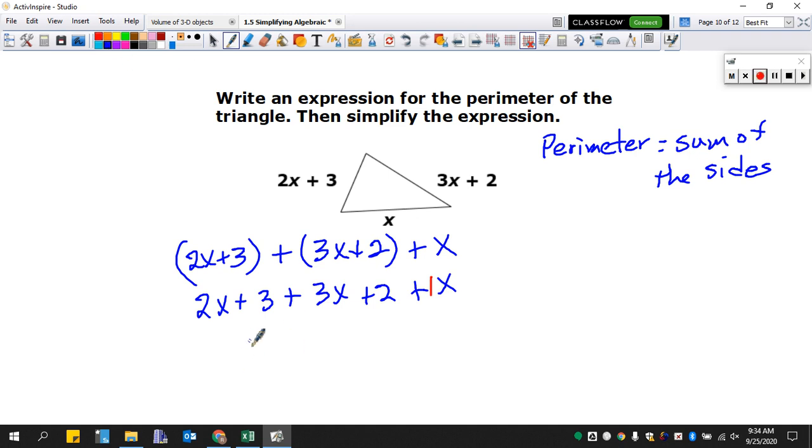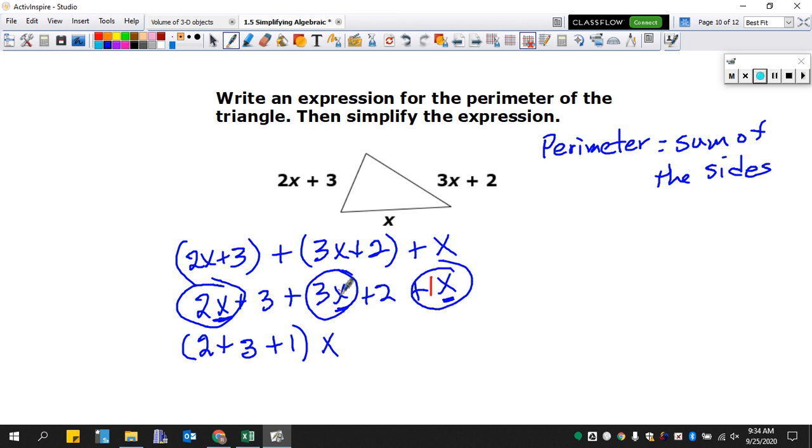So when we combine our x here and here and here, we're going to say 2 plus 3 plus 1 x. All right? So that's this and this and this. All right? And they're all pluses.